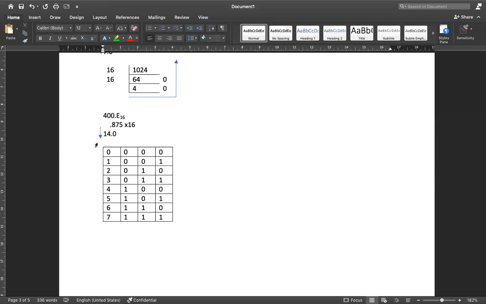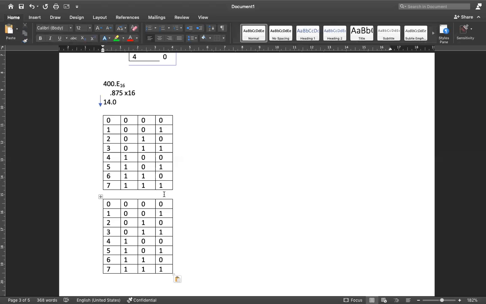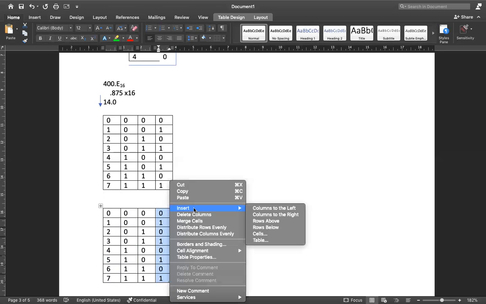Then if I had 4 inputs, I'm going to write a similar kind of table. Let's copy the table and paste it again, and this time add new columns.